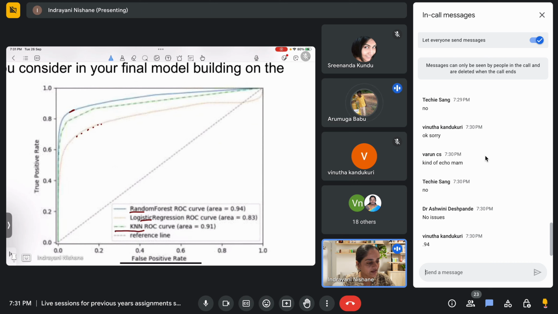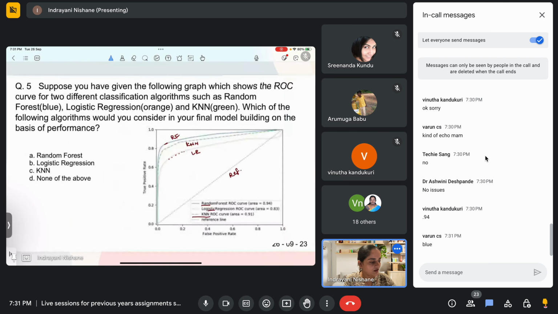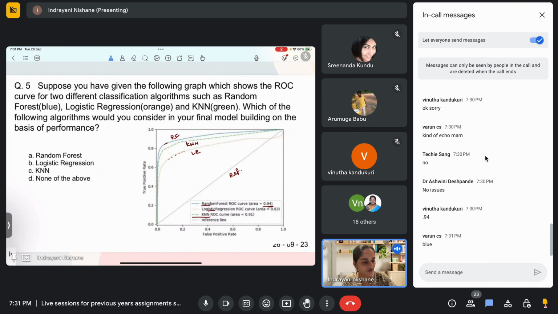This green line is KNN, and this is the reference line. So the blue line, random forest, seems to be the maximum value, going by the value 0.94 as ROC. Correct. So the correct answer for this question is random forest.